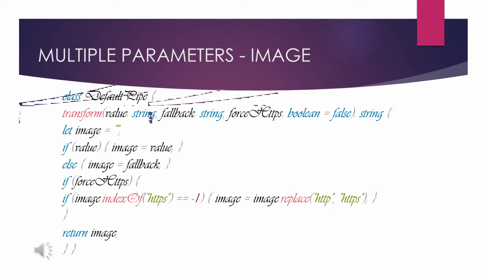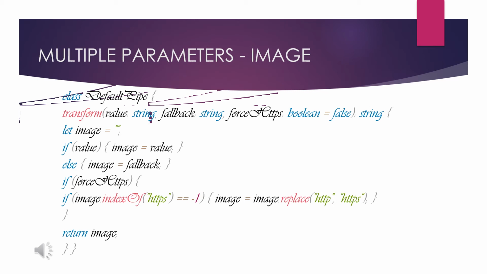Image dot index of https equal to -1. So if any output is coming, then it will go to image replace https into http. Okay, so it will return the image. So now the image value will be changed, so you can give multiple parameters.